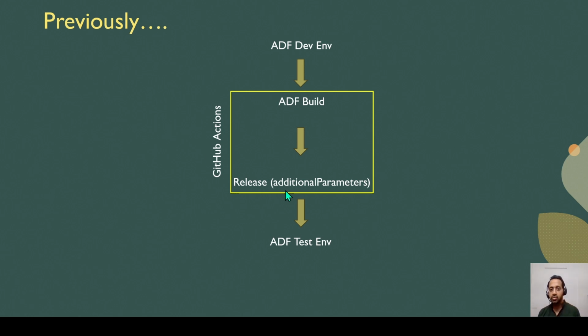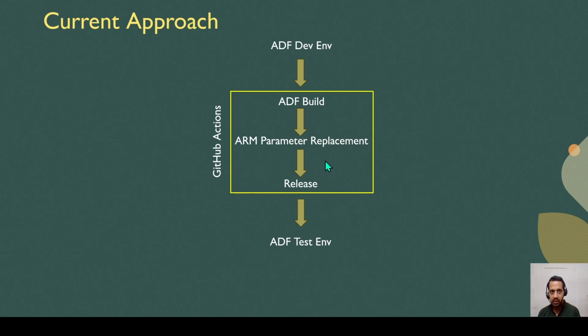So to avoid this, we will add a step in between the build and release steps, wherein we will replace the parameters in our ARM templates for the linked services with the respective test values automatically, and we will also apply certain validations.